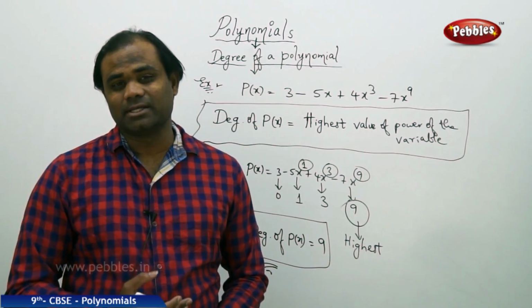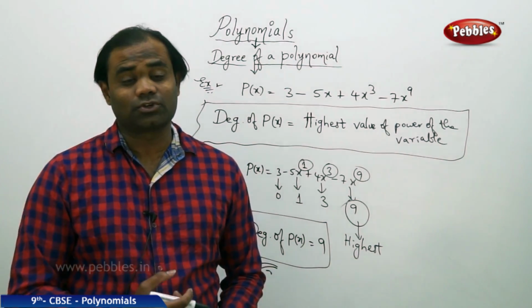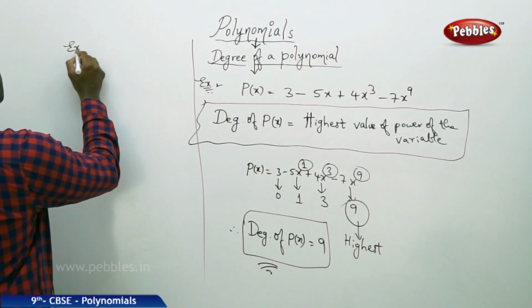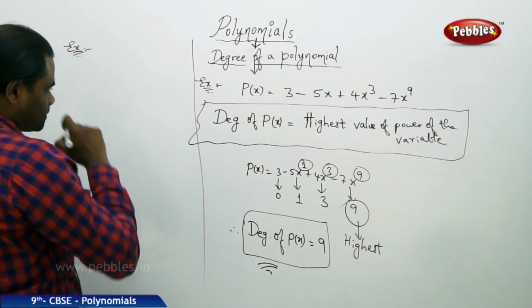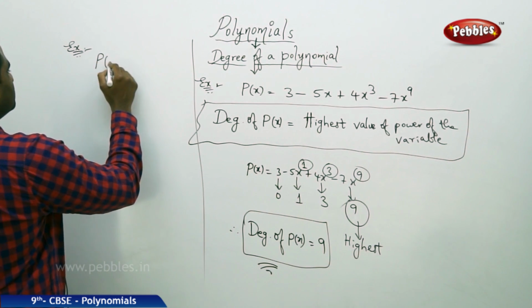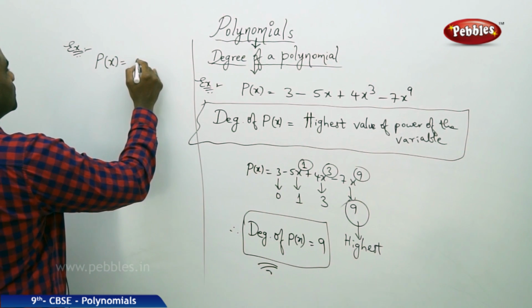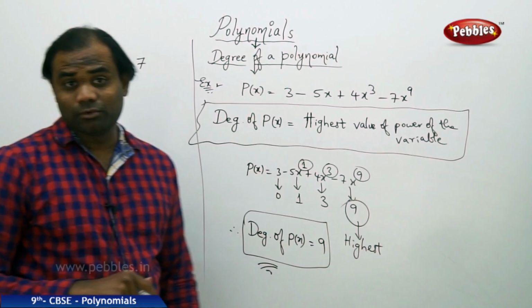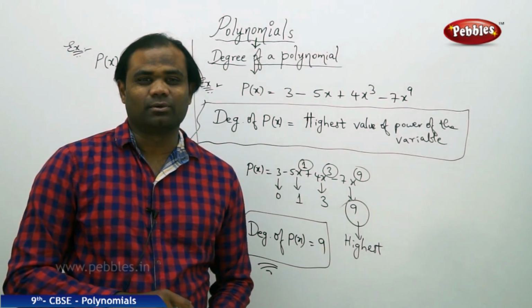Let's see one more example to understand the concept more strongly. For example, I have p of x is equal to 7. Is it a polynomial? Yes, it is a polynomial.